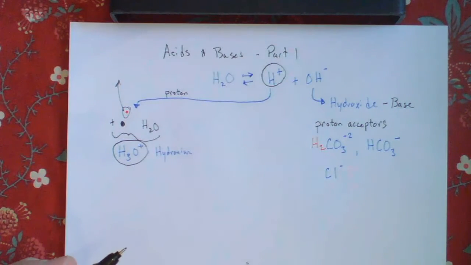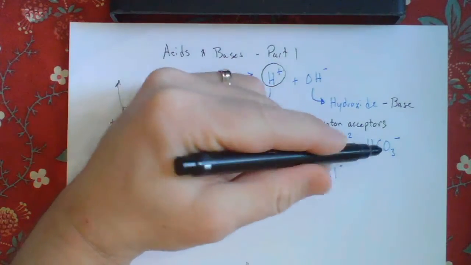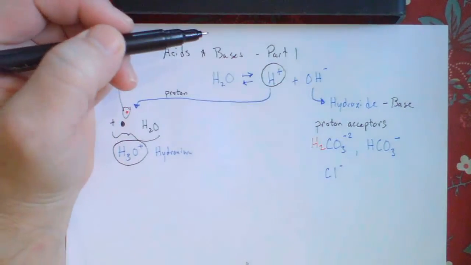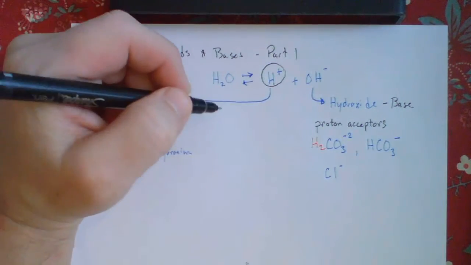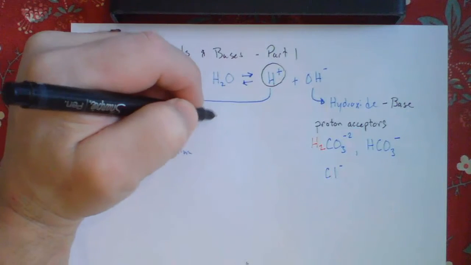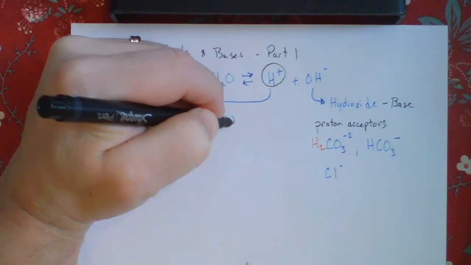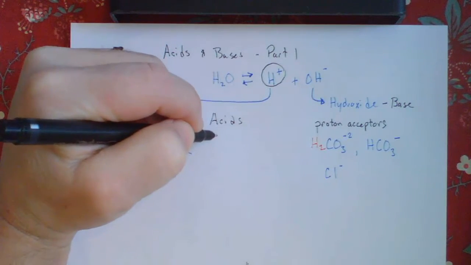That means that if we wanted to, we can make acids by adding hydrogen to a compound or a solution that has these proton acceptors. Generally, acids come in two categories.